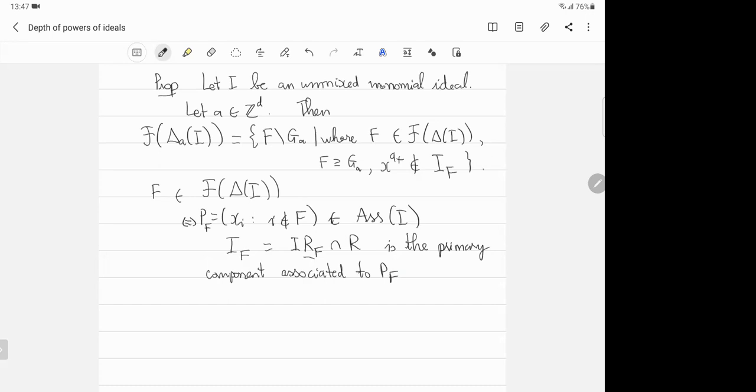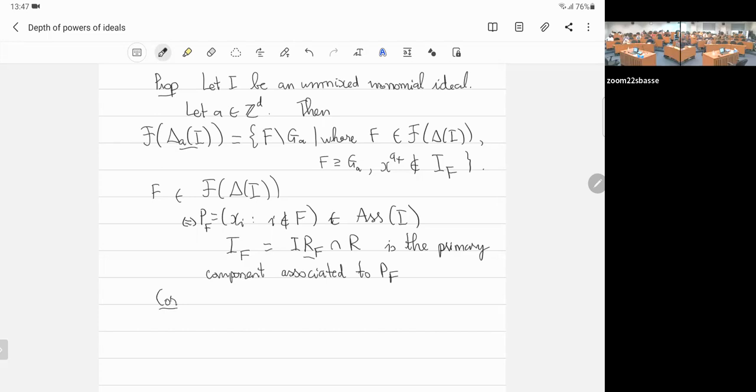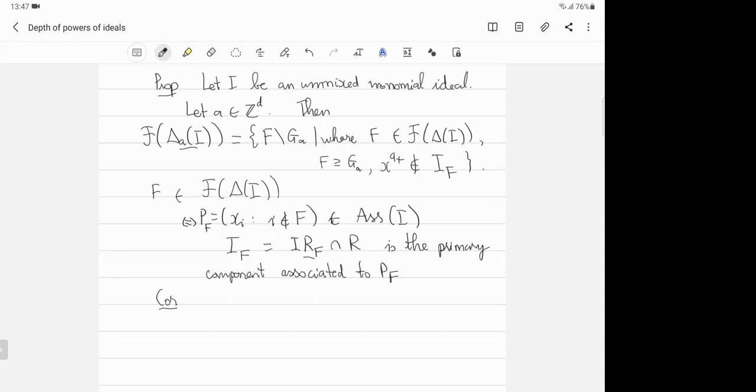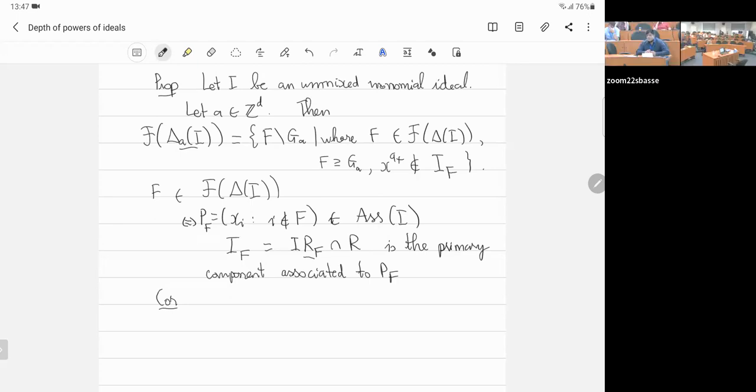So this is how you can find all the facets of delta A. So maybe it is easier to explain: PF is an associated prime of I, and IF is a primary component of I. You mean?